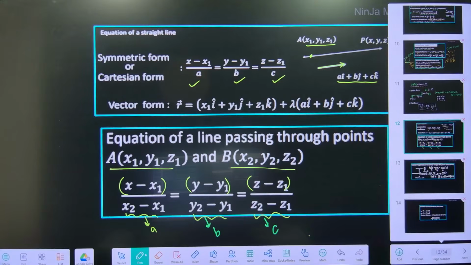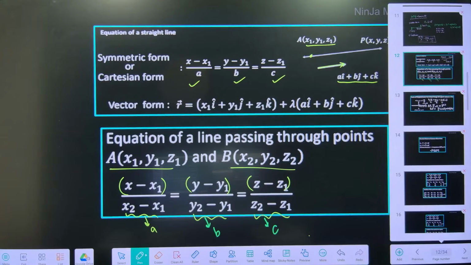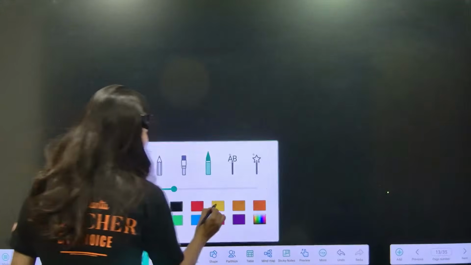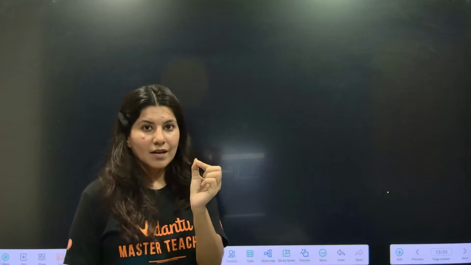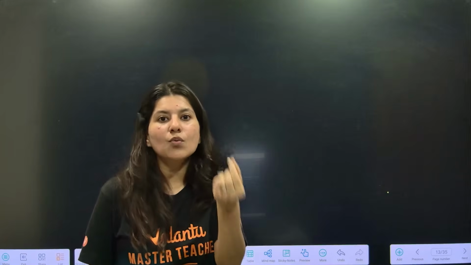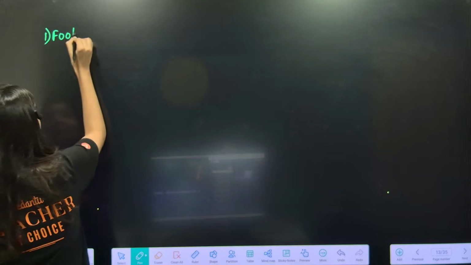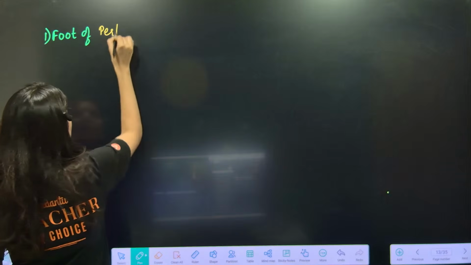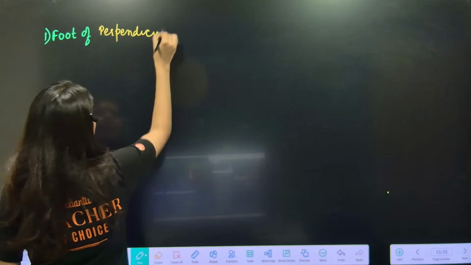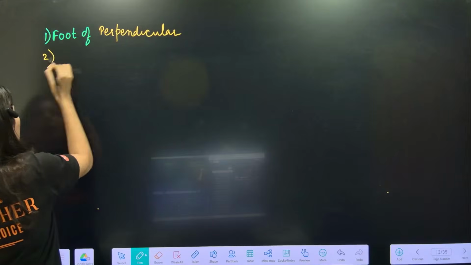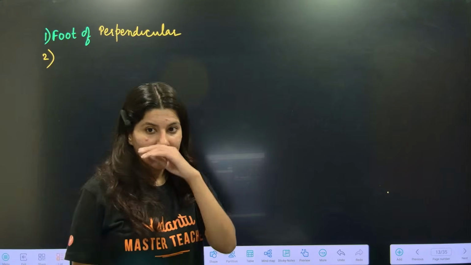Now what should we study? I think we should go for this topic, which is foot of perpendicular. There are three concepts, but they can be merged into just one concept. If they are asking you the foot of perpendicular, you have the same concept.